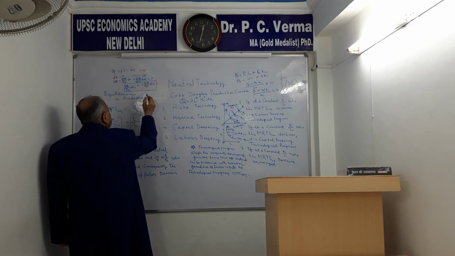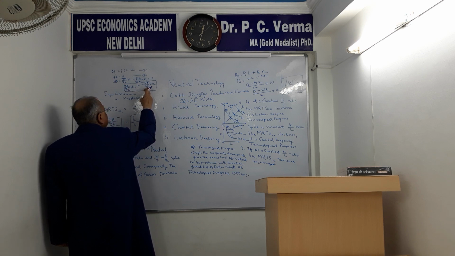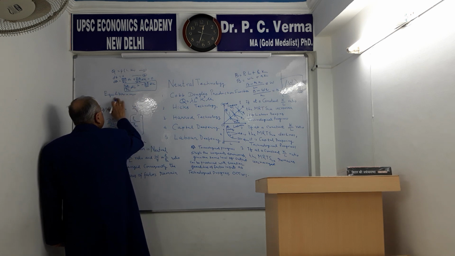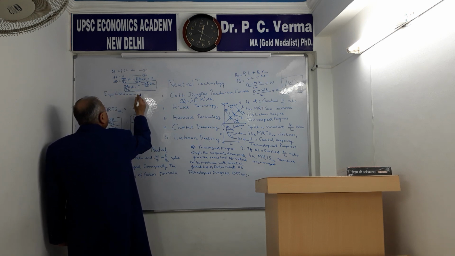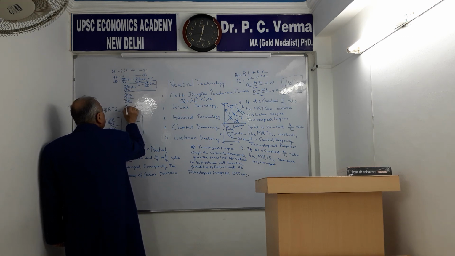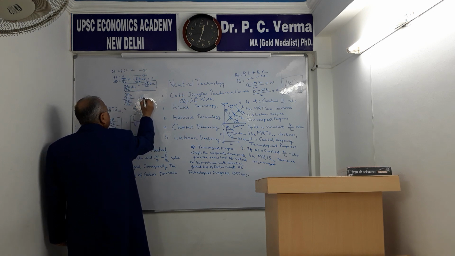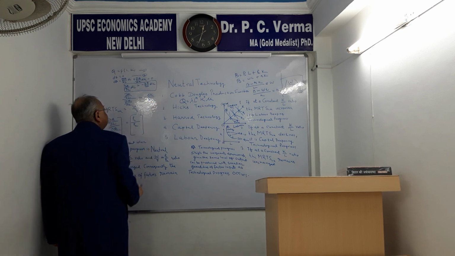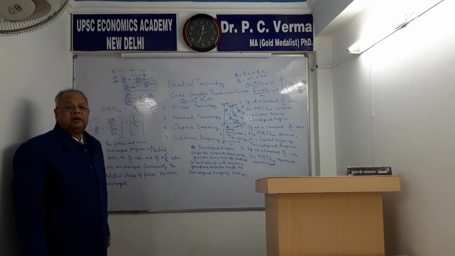Now we do cross multiplication. We put this left side on the right side. Then what will we get? We will get del Q by del L upon del Q by del K equal to minus dK by dL. These two terms we will derive from the equation.